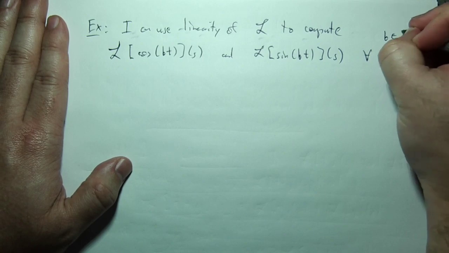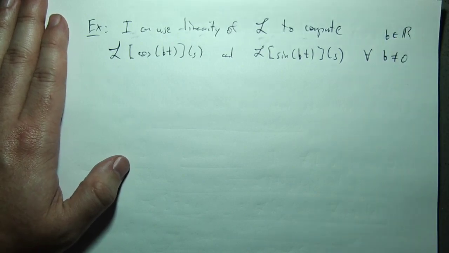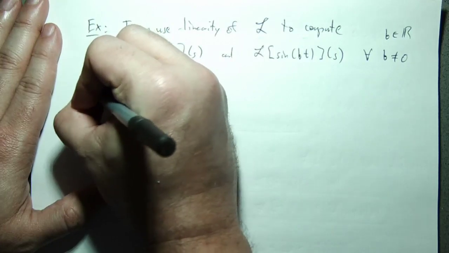So b is some real number not equal to 0. All right, so how does this work? Recall the Euler formula.